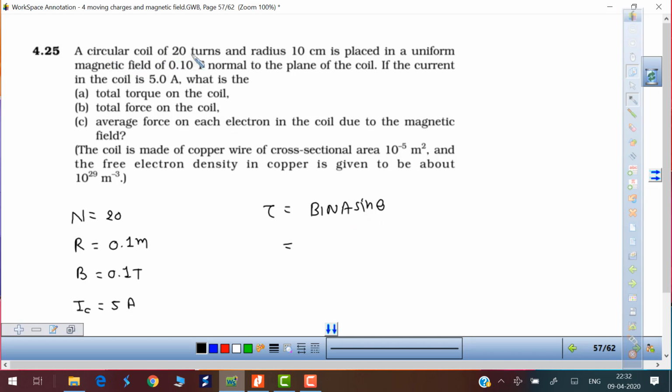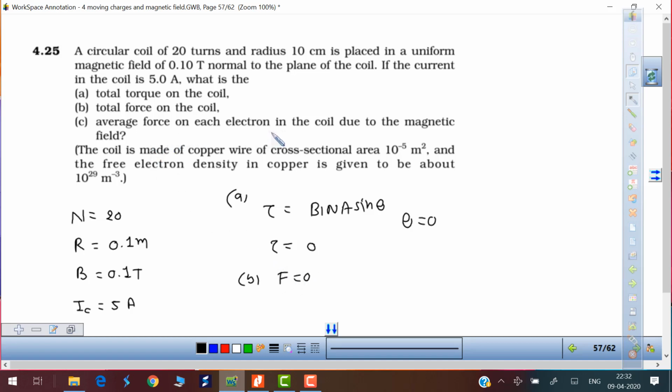The circular coil of 20 turns is placed in a uniform magnetic field normal to the plane of the coil. So if the field is normal to the coil, then theta is 0, so torque is 0. I don't need to substitute the values. Total force on the coil is always 0, because for a closed loop, force is always 0. So F is equal to 0.